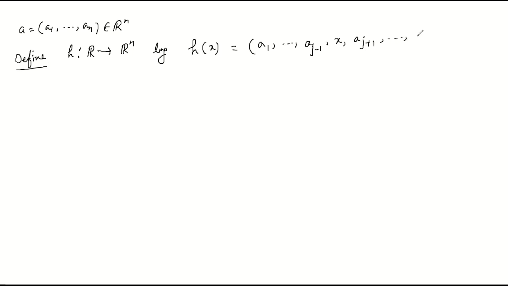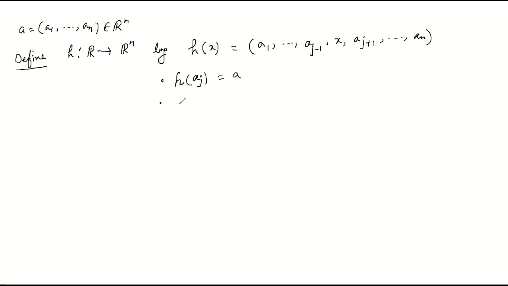The last component is an. Well, then we have the following: h at the point aj is equal to a.